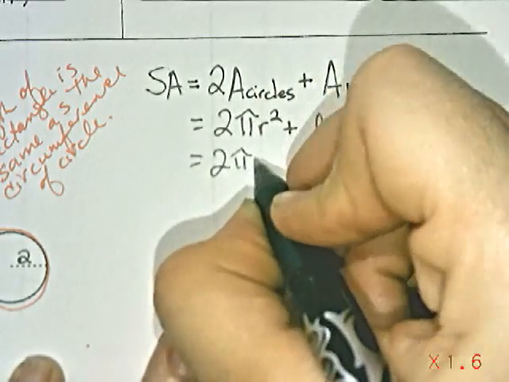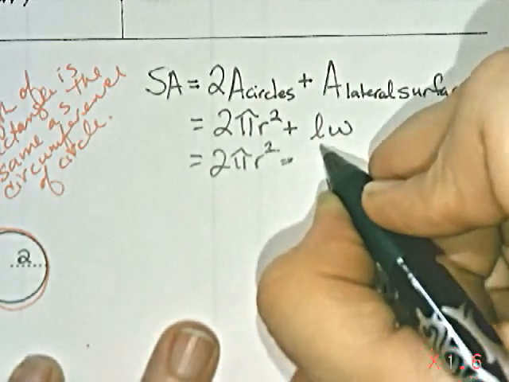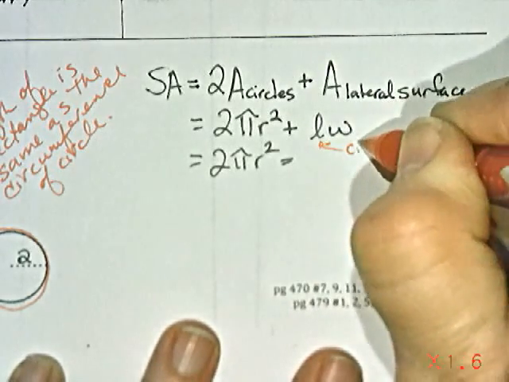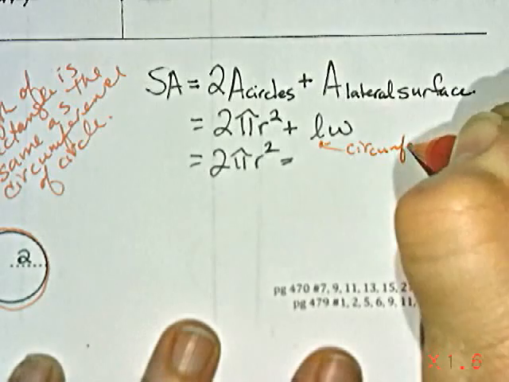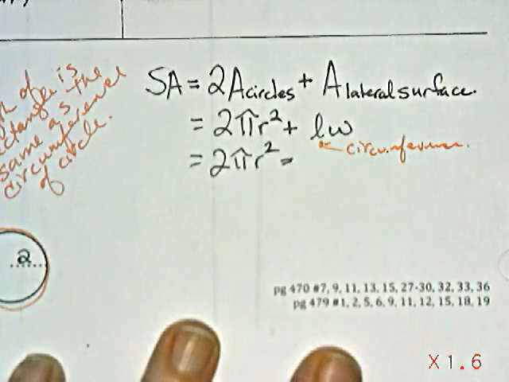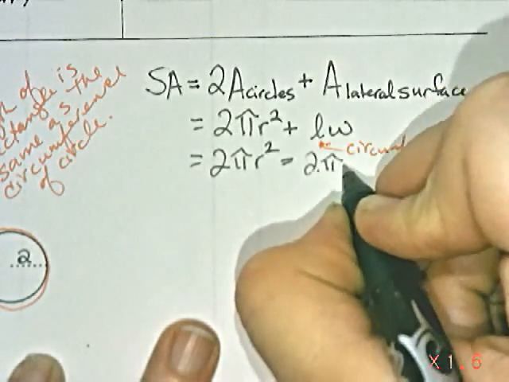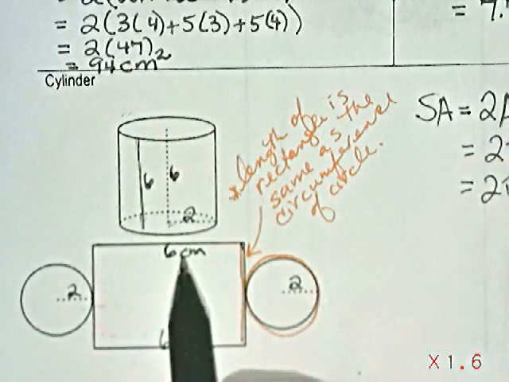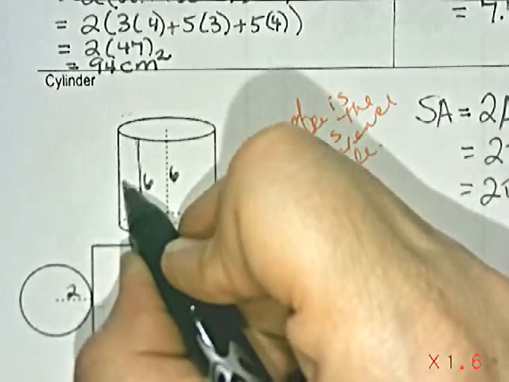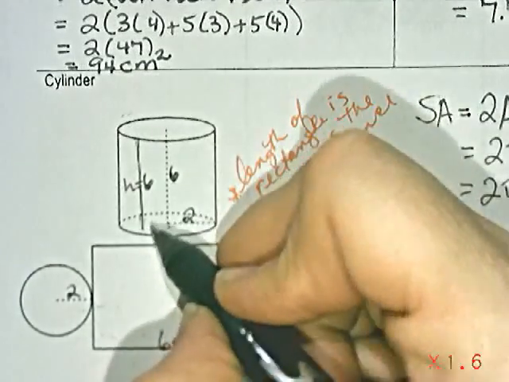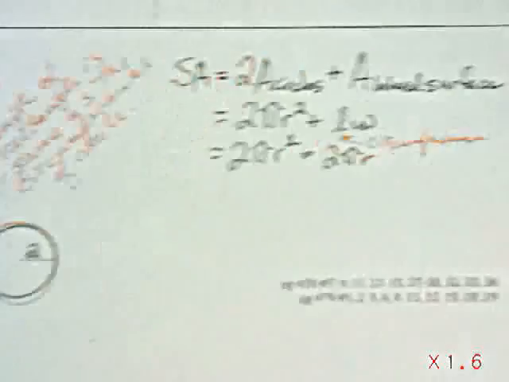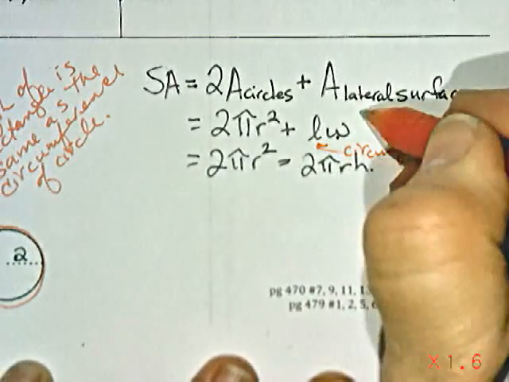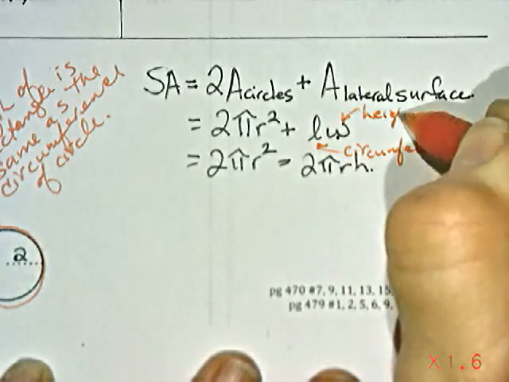But remember that length is the same as my circumference right here. This one is the circumference. And so the circumference is 2 pi r. And then the width of our rectangle is going to be given as the height of the cylinder. And so they call this dimension the height. And so 2 pi r times the height. So this width is the height of the cylinder.